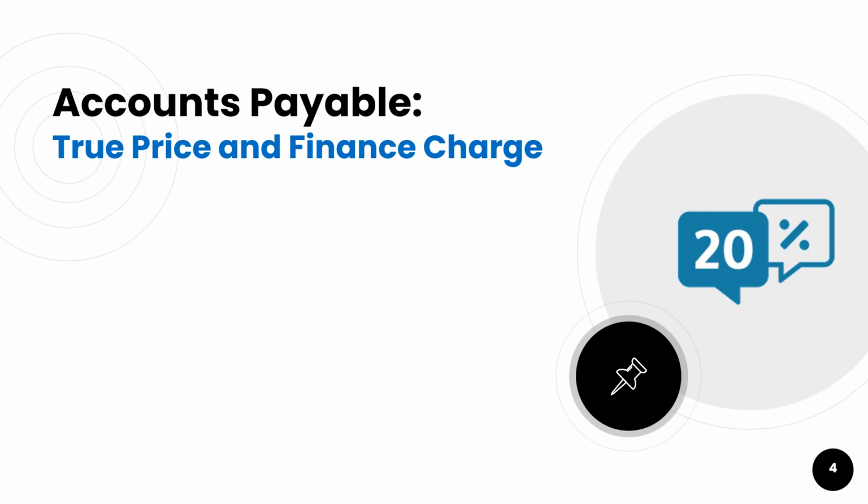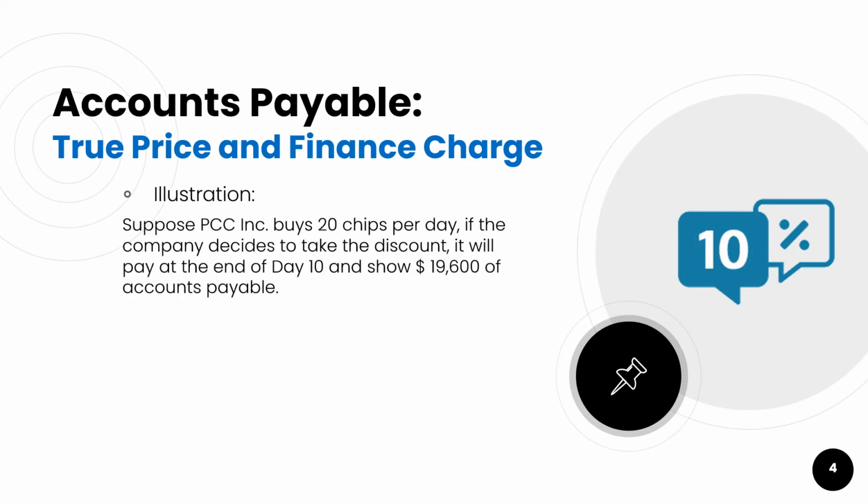To further appreciate the concepts of true price and finance charge, here are more examples. Suppose PCC Inc. buys 20 chips per day. If the company decides to take the discount, it will pay at the end of day 10 and show $19,600 of accounts payable. This was solved by multiplying 10 days, 20 chips, and $98 per chip.